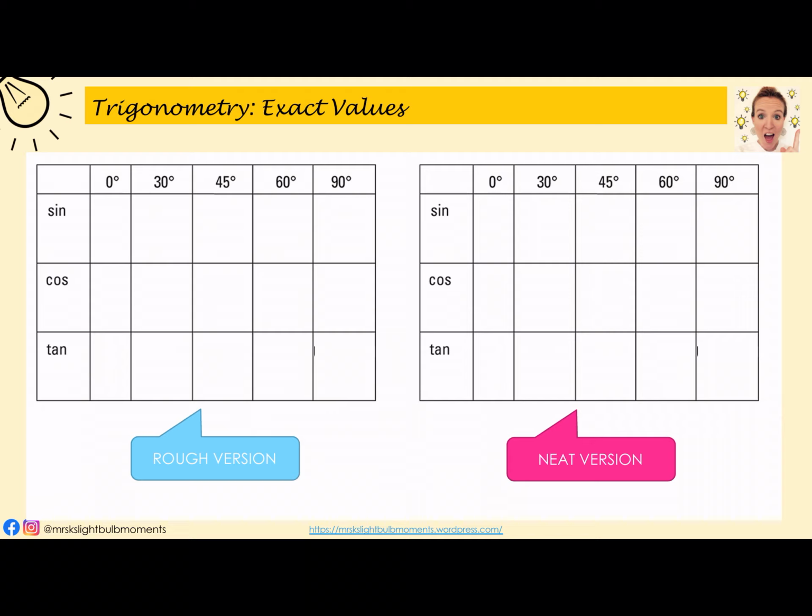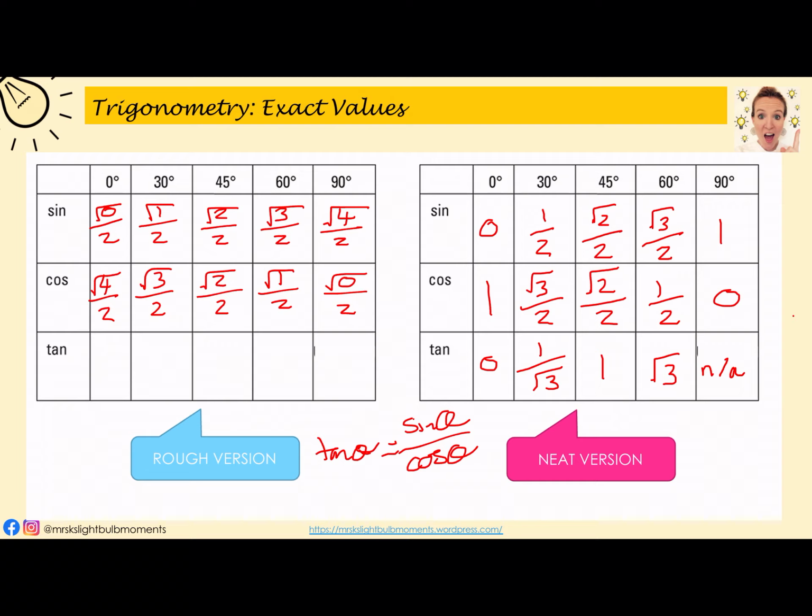Okay, finish it up. And let's check your answers. Okay, check with my table there. Did you get it right?